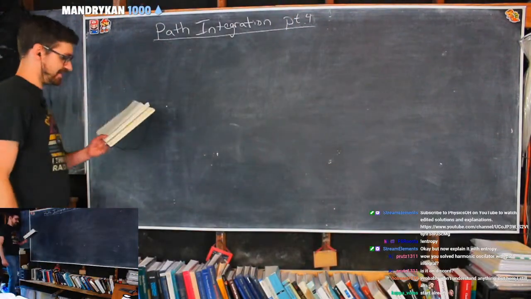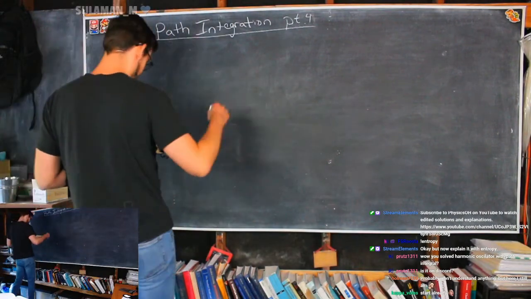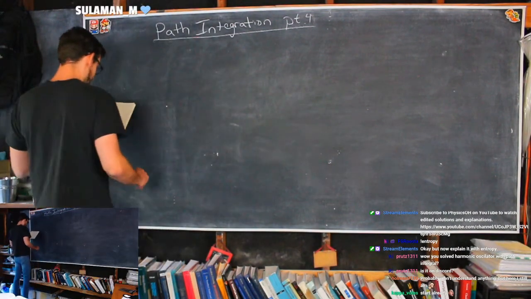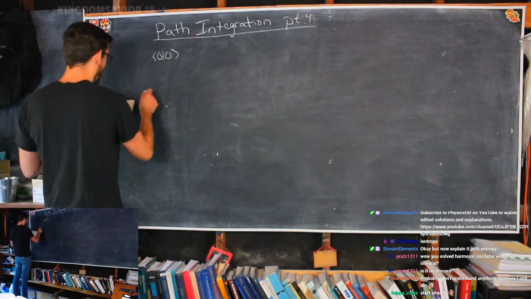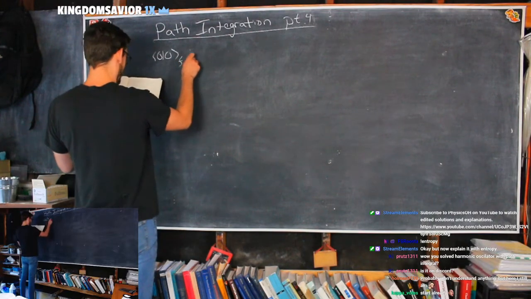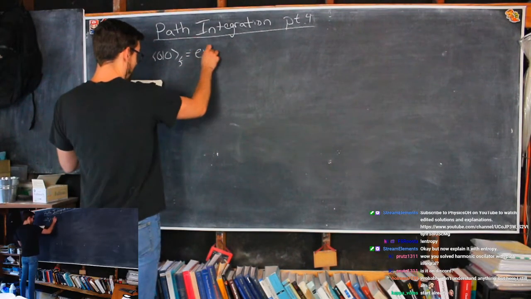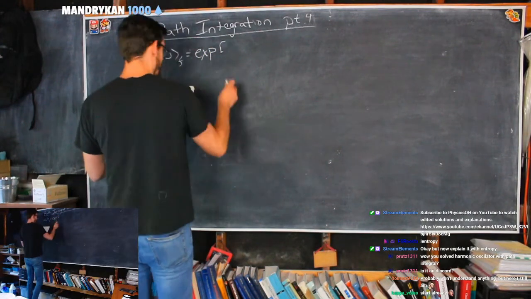So where do we leave off? Well, we were talking about the harmonic oscillator in Fock space. And we ultimately got down to finding the amplitude of starting in the ground state and ending in the ground state, which was dependent on our source, the external source that was causing some sort of change to the system.